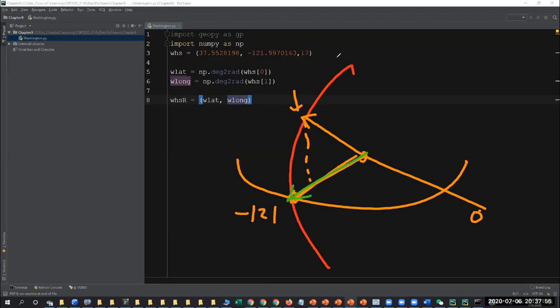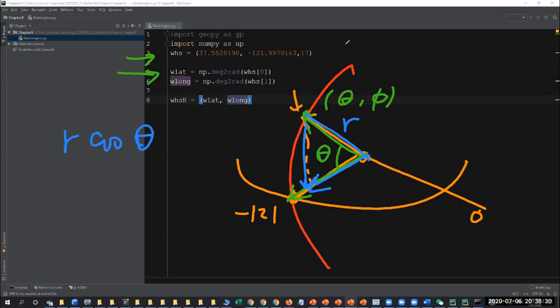And this location on the surface is theta and phi, that is my longitude and latitude. So this angle is theta, and theta is my latitude. I need to find the projection from here to here. This one is the radius of the Earth, called R, so this length over here is R cosine theta. Is that okay?